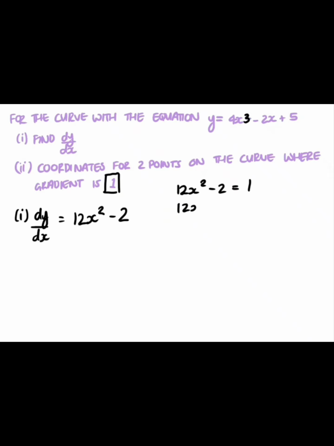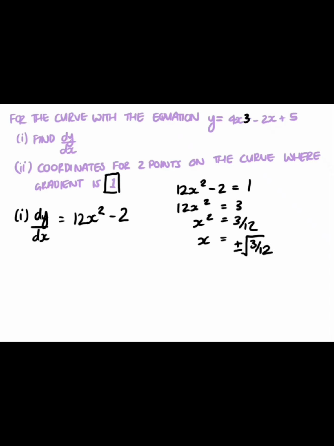So 12x squared must equal 3. So x squared is equal to 3 over 12. So x is equal to, very important to remember, plus or minus the square root of 3 over 12.